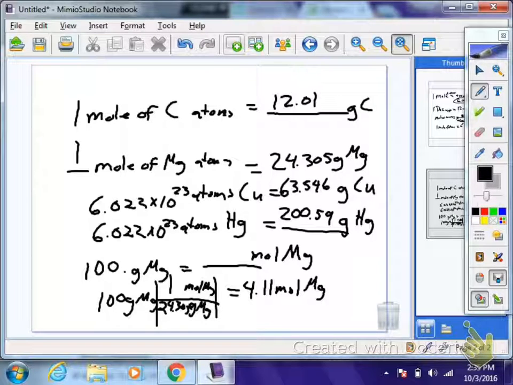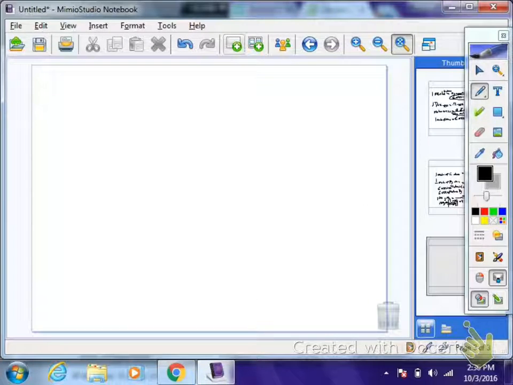Does that make sense? Okay, let me give you 2 more, and then we'll give you a chance to work through a few of these. Okay, so you know your conversions. 1 mole equals the atomic weight, which is a molar mass, which is equal to 6.02 times 10 to the 23rd. You know all your conversions. All right? So I want to know how many atoms total, not moles of atoms, but atoms in general.